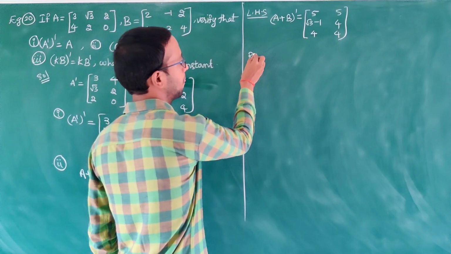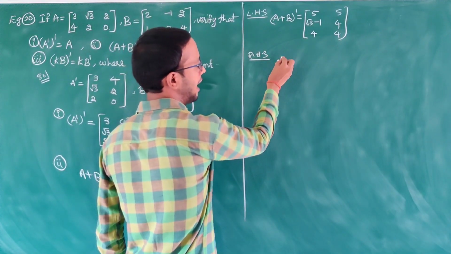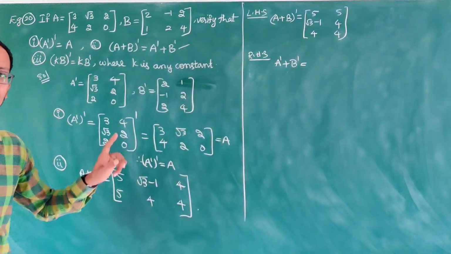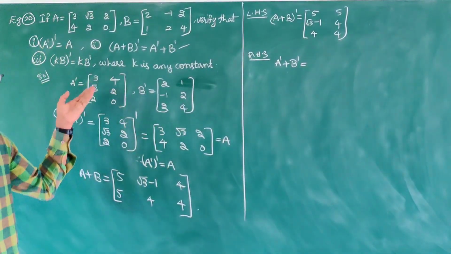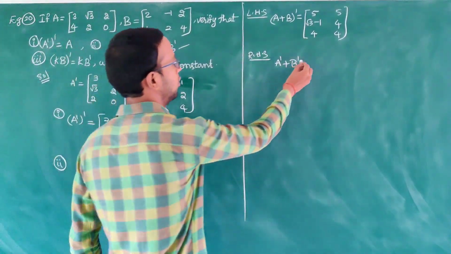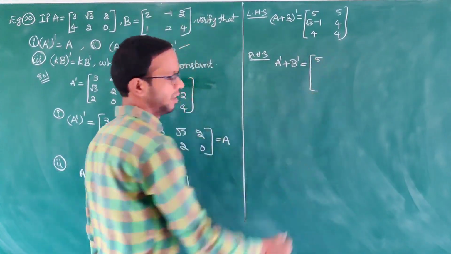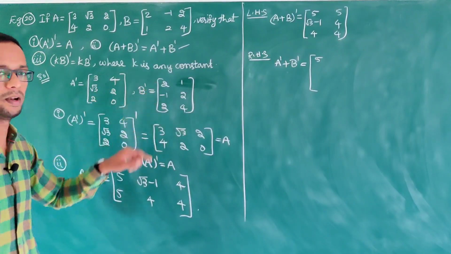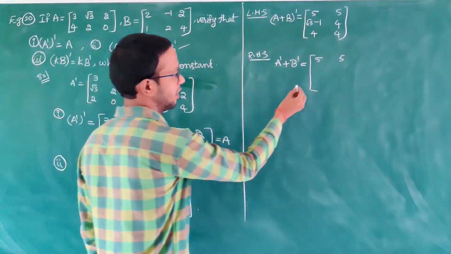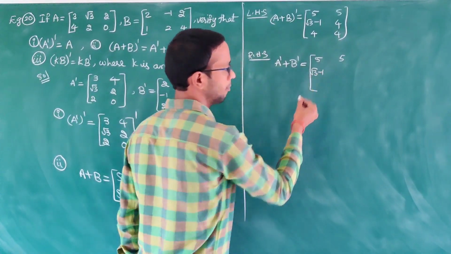Right side, A' + B' is there. So what is A'? This matrix plus B', same order, so we add the corresponding elements. First element addition: 5, 4 plus 1 also 5, root 3 plus minus 1 gives root 3 minus 1.